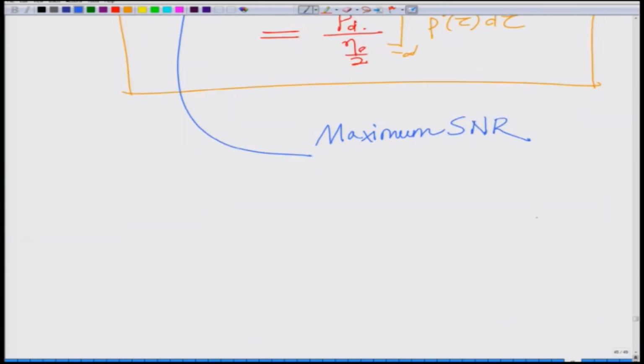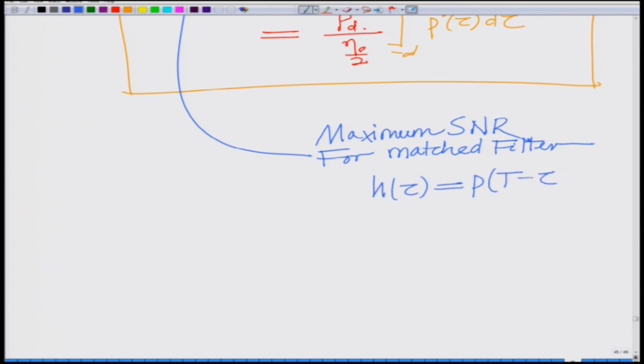For the matched filter, that is your h(tau) equals p(T minus tau).